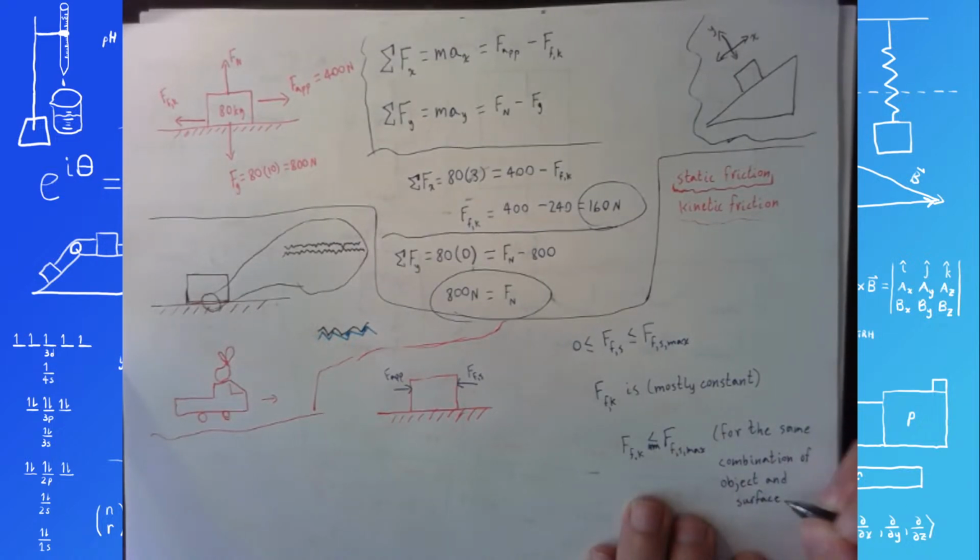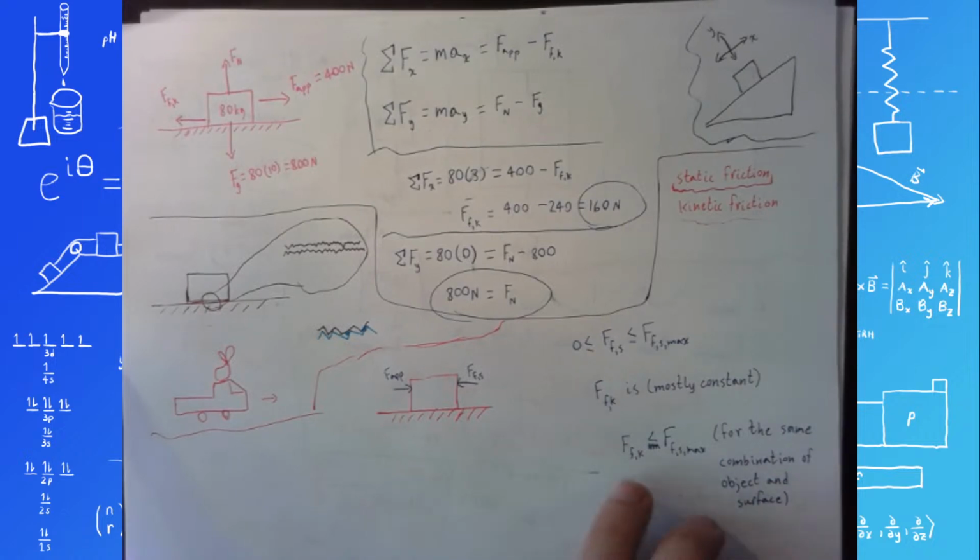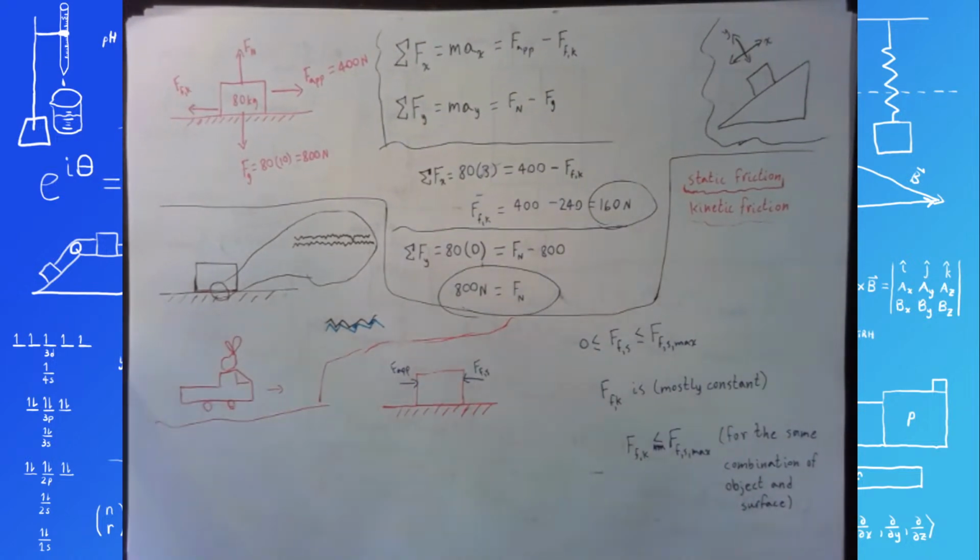For example, you would expect different results from pushing a block of wood along a wooden floor versus pushing that same block of wood along a ceramic floor, versus pushing a block of metal along those same two surfaces.